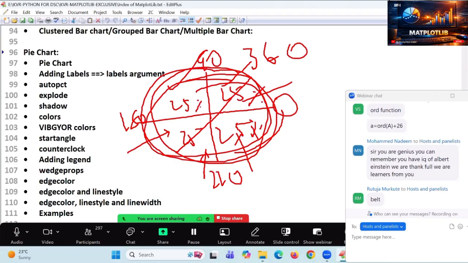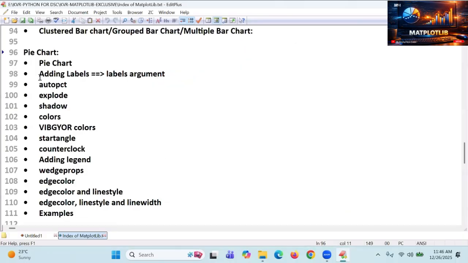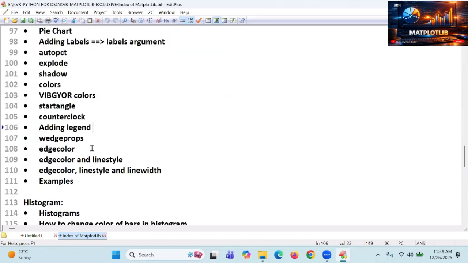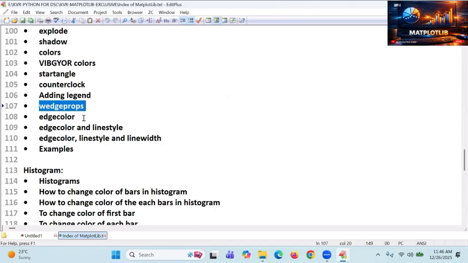Percentage versus degrees, I will tell you. My 100% financial data, budget data, can fit in 360 degrees. What is that mechanism? I'm going to explain all the properties, adding the legend properties, wedge properties, edge color, so many examples.